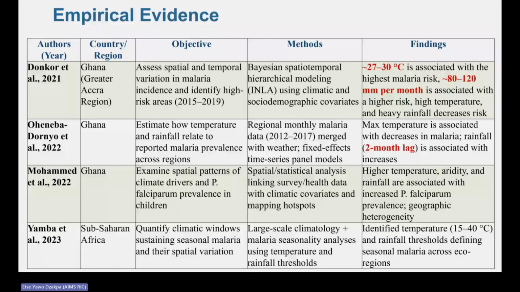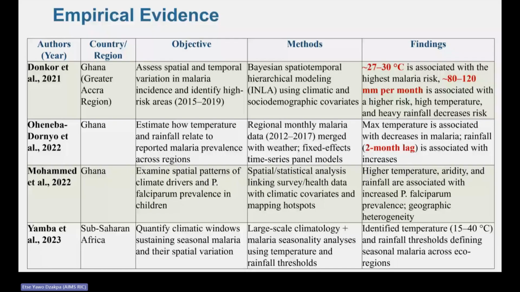We noticed that we have a number of studies that highlight the impact of climate change on health, mainly climate impact on malaria. Those studies define clearly how, for example, an increase in temperature affects malaria cases and how changes in rainfall also affect malaria.